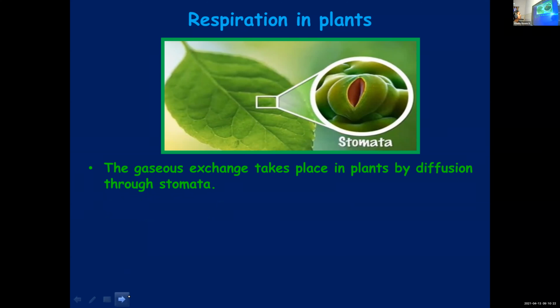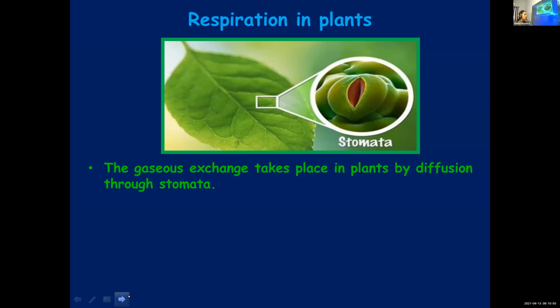For the exchange of gases, we have nostrils through which the gases enter and leave. But plants don't have any such organs. They don't have a nose, nor any well equipped respiratory system. They have minute openings, and the exchange of gases takes place by diffusion through stomata.